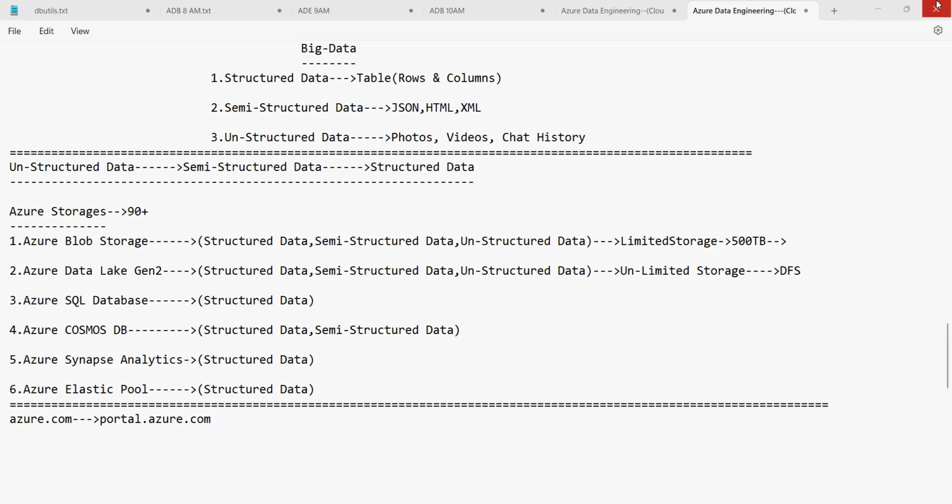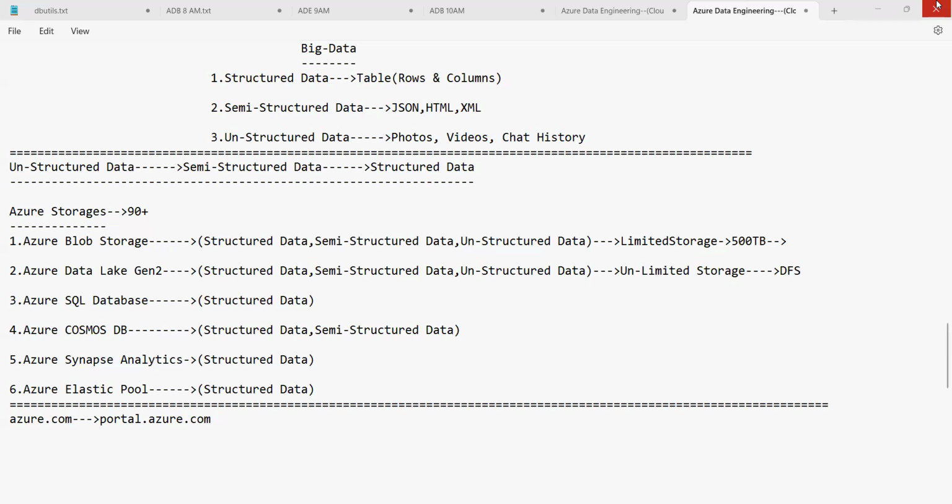Gathering the data, preparing the data, and then pulling the data into the cloud system, if it is on-premises.